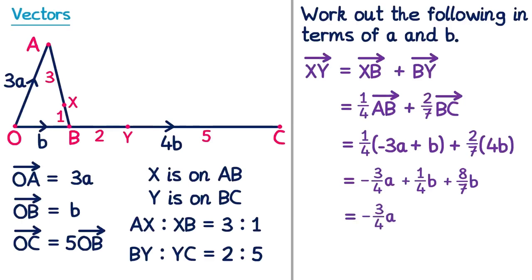So 1/4 b will be the same as 7/28 b, and 8/7 b will be the same as 32/28 b. So we have -3/4 a, and now we can add these together. We do 7 plus 32, which is 39, so it's 39/28 b.